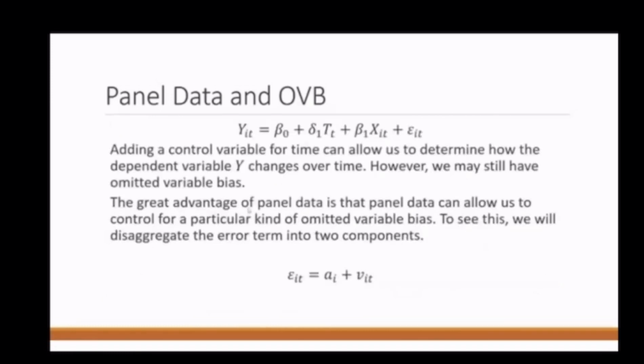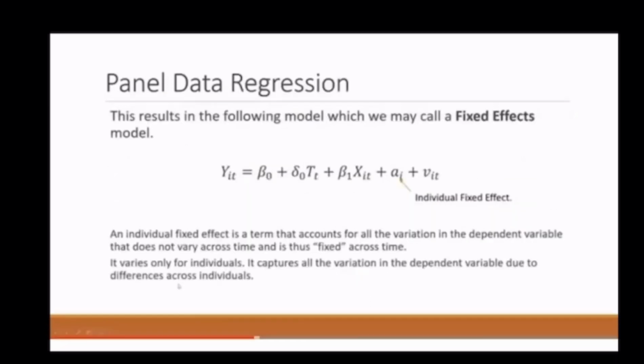Okay, this is the model that we actually want to use now, and don't forget our unobserved, which we call error, has been decomposed into two: those that are time invariant unobservables and time variant unobservables. Now, the alpha i is what we're going to call the individual fixed effect.